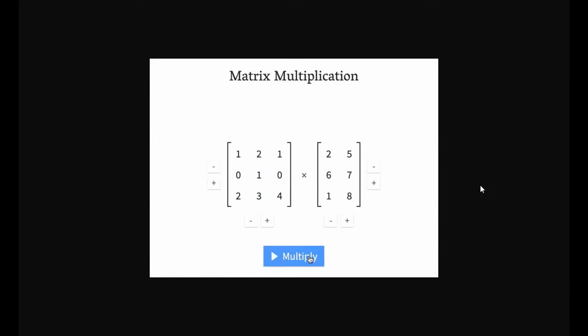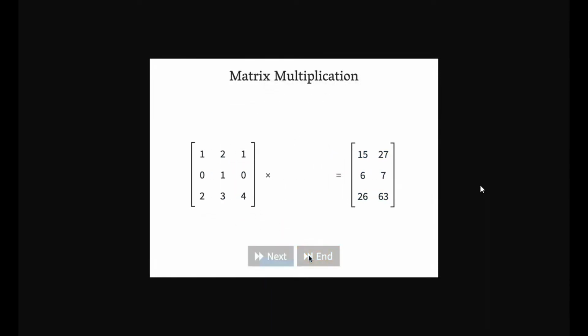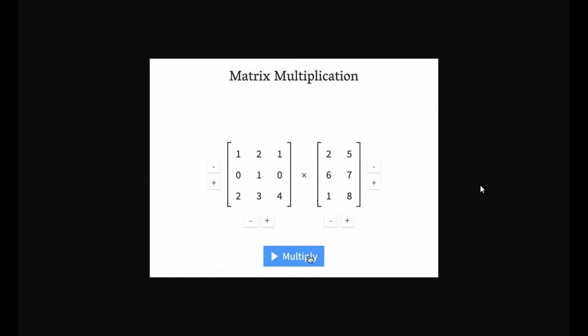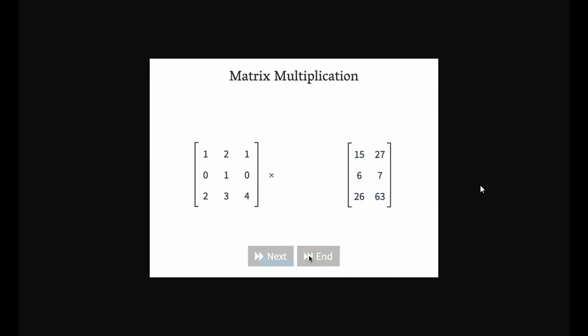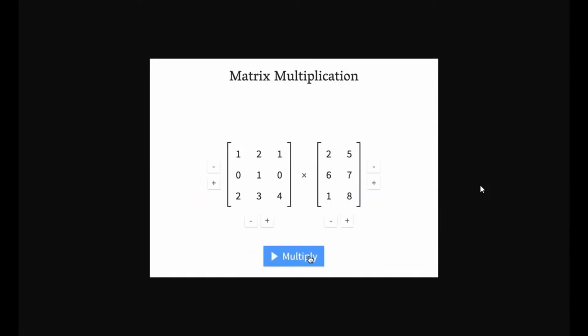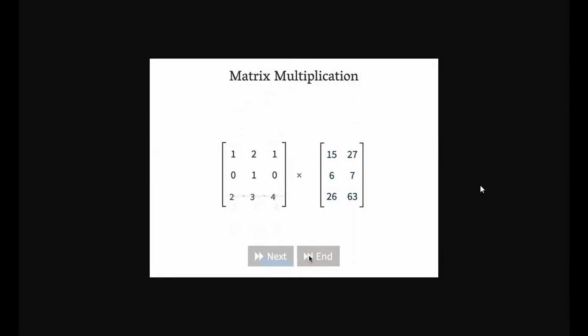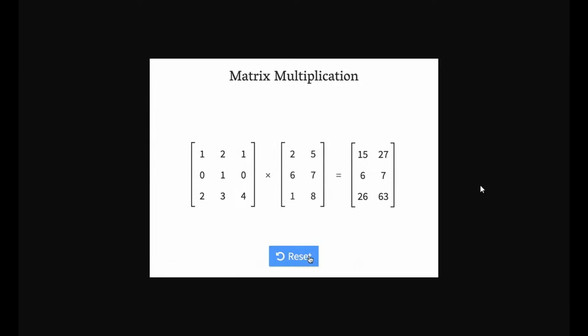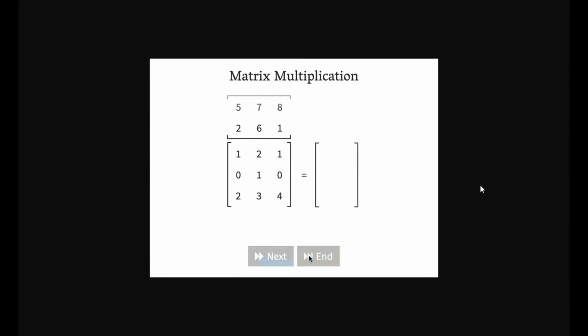I hope you understand 2 into 2. After this, what should I add? Should I write plus? Plus I should add. Then 3 into 4. Then that's it. You add the numbers, you get 16, and there will be a resultant matrix.